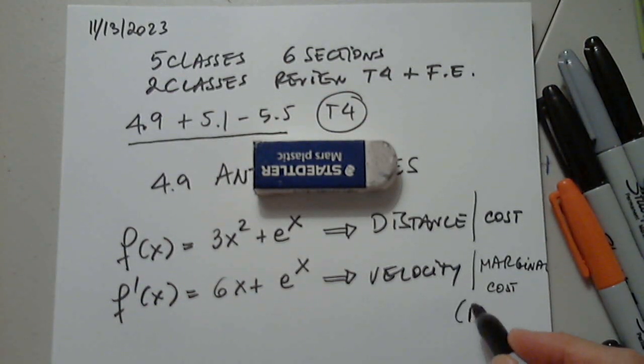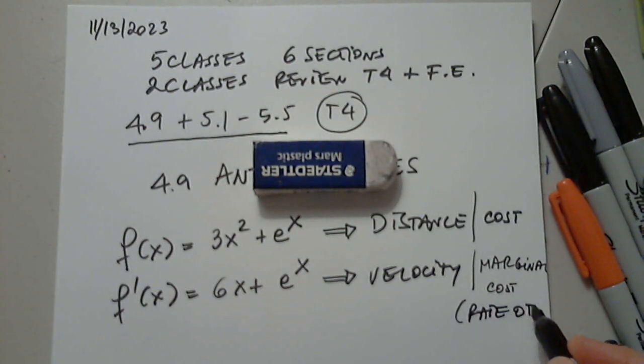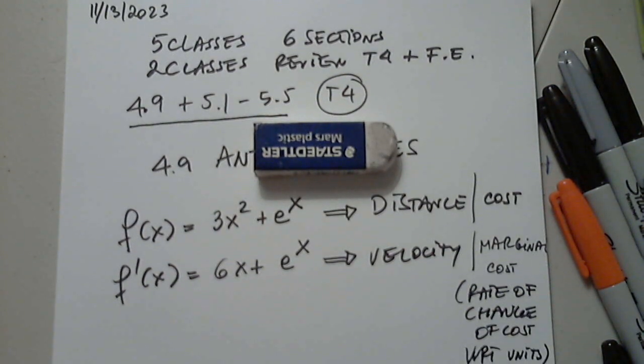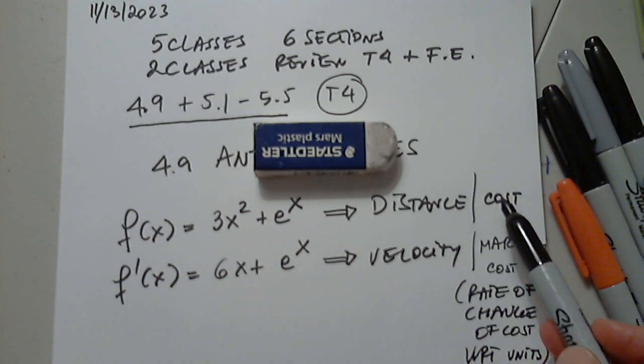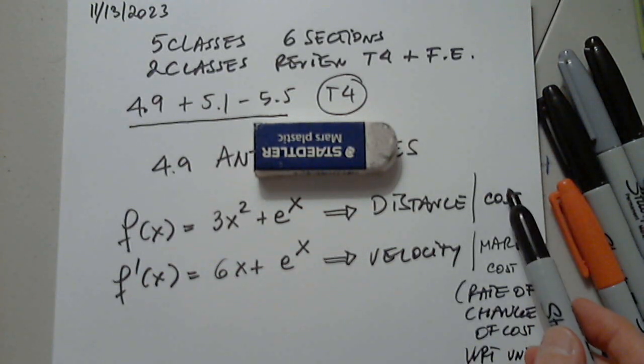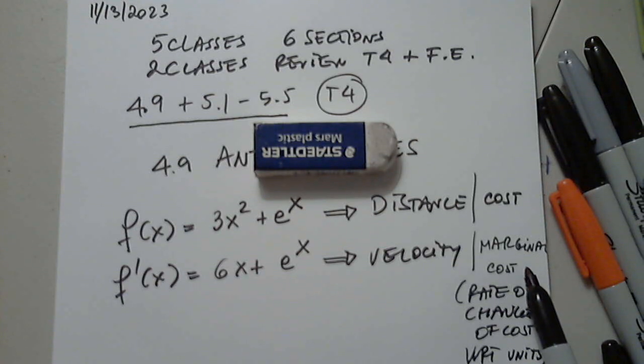It's the rate of change of cost, of course, with respect to number of units. Now, if this one is profit, this is going to be marginal profit, same thing, the rate of change of profit with respect to number of units. If this is revenue, this will be the marginal revenue, and so on and so forth.